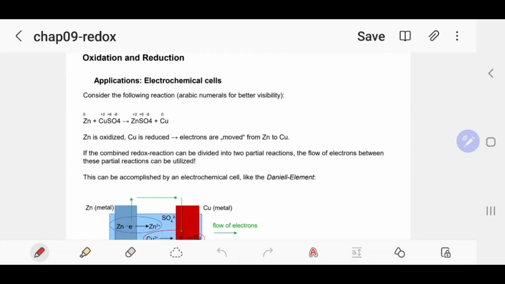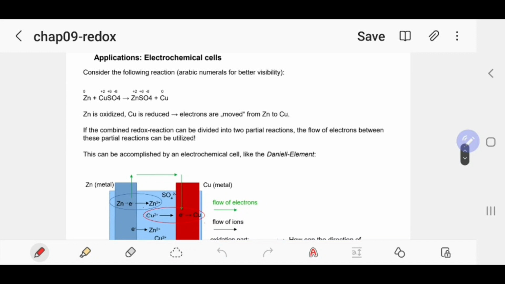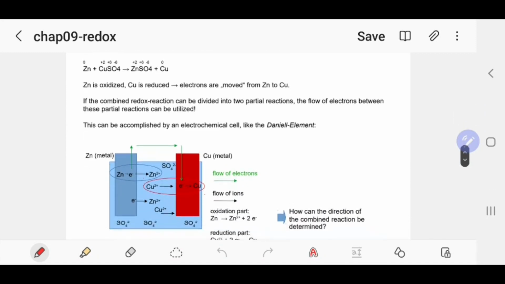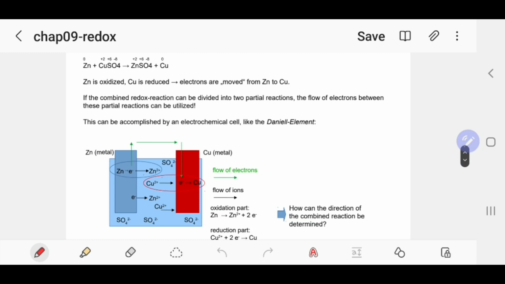Let's apply what we learned to a real-life example, which is the electrochemical cells, or in other words, the battery. So here in this reaction, we start from a zinc metal and a copper sulfate solution. The zinc metal is, of course, a solid in its natural state, so the charge is 0.